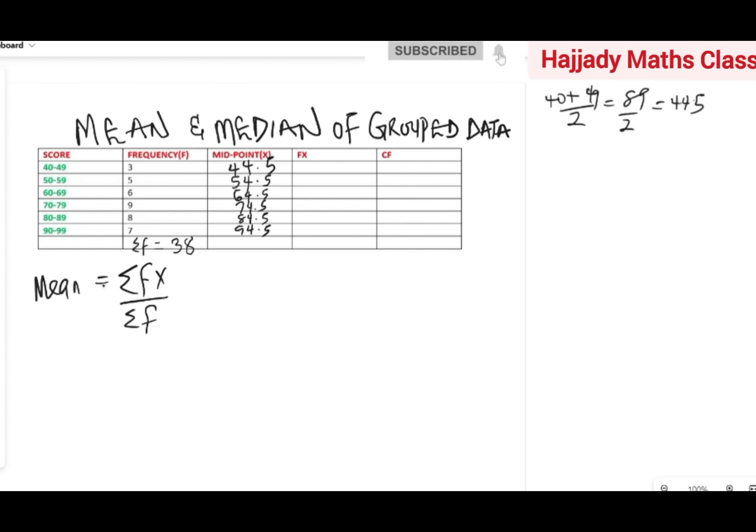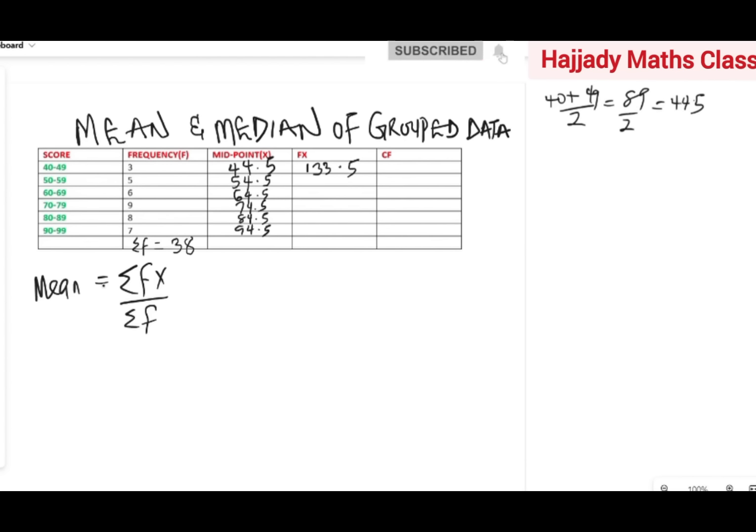Now the next thing for us to do is to calculate our fx, that is the product of our frequency and the midpoint x. So 3 times 44.5 is going to give us, you can use your calculator for confirmation, 133.5.